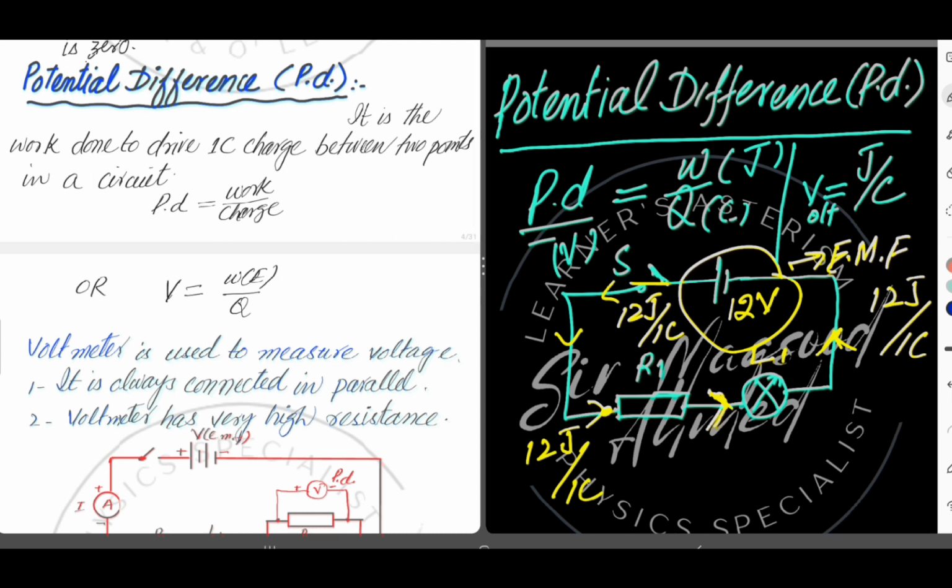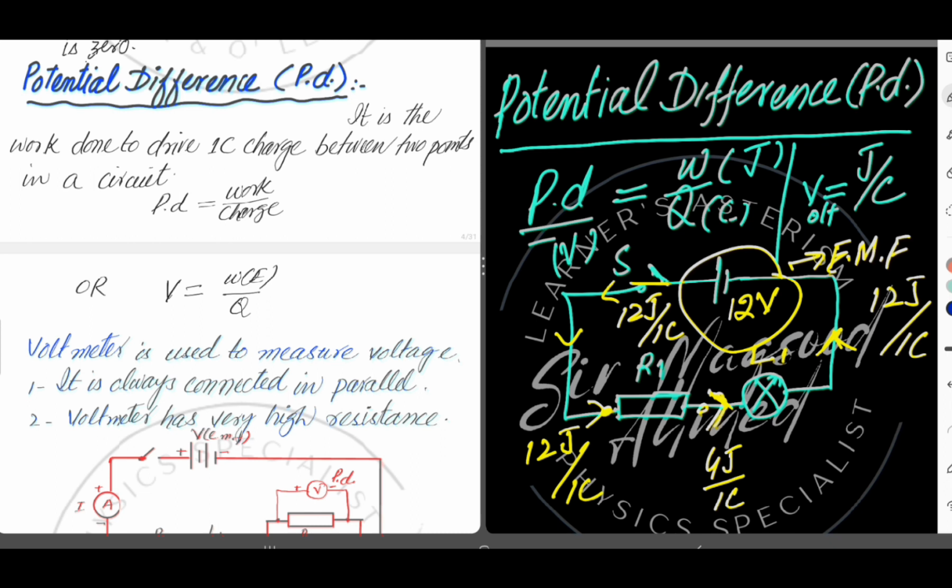So after passing through the resistor, the 1 coulomb now has an energy of 4 joules.